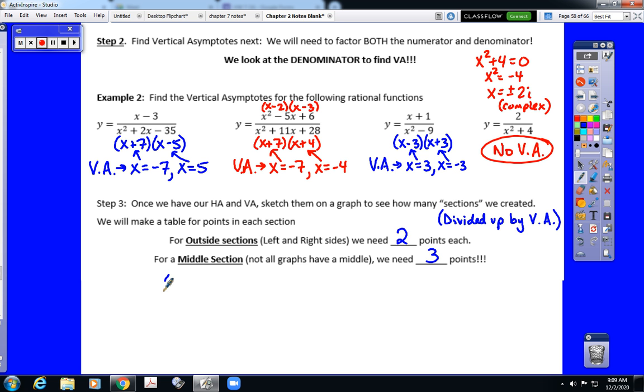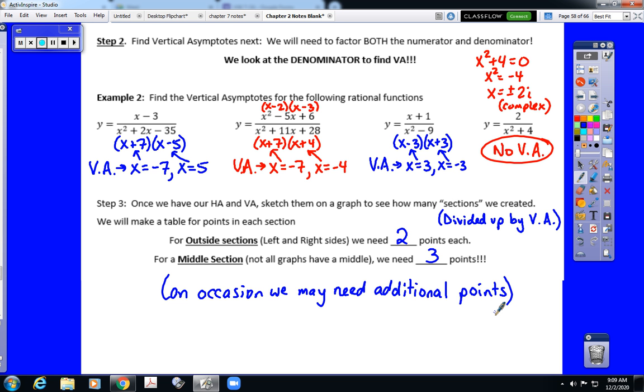On occasion, for special case stuff, we may need more points than I'm stating here, but that's the minimum number of points for each section.